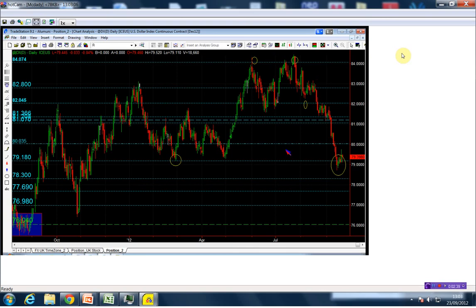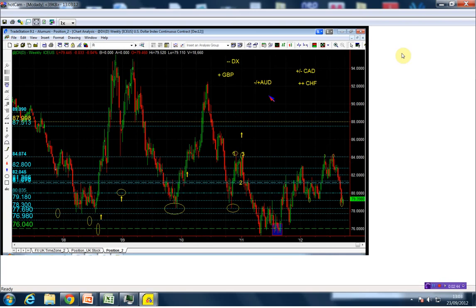We put on a weekly chart, and once I am done with the analysis, these are the names of the pairs we have. We give each of them a degree, let's say 2 minuses, for example, like in the dollar means it's very weak. Plus or minus, if the minus is first, it is slightly bearish to neutral.